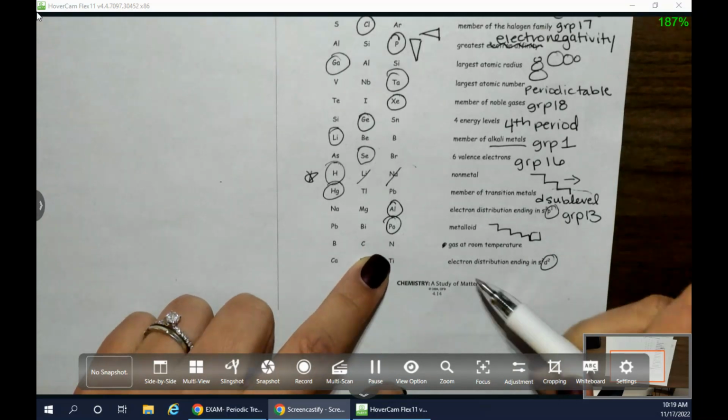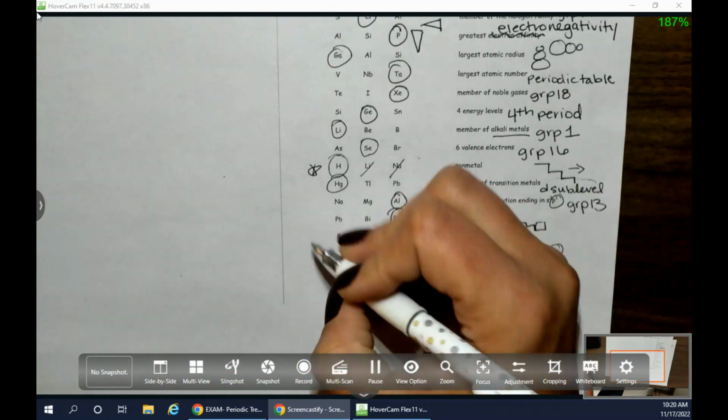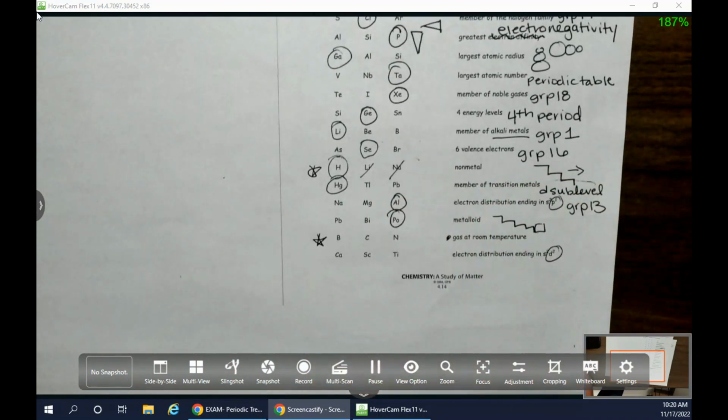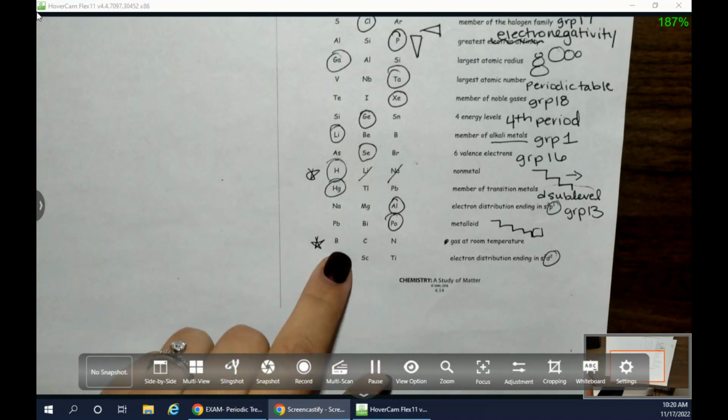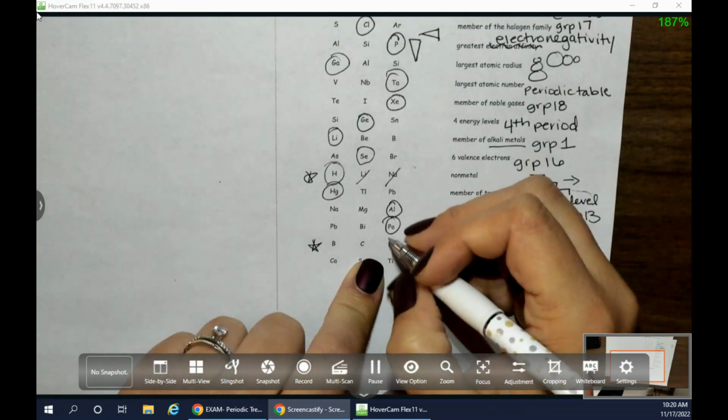All right, gas at room temperature. So this one, I'm probably not going to test you over, but just so you know where you can look for that is on the big periodic tables. Those are all color coded. Anything that's in black means that it's solid. Red means it's a gas, and blue means it's liquid. So these, you had boron, carbon, and nitrogen. If you look up there, because you would think carbon, you're like, that's gas.